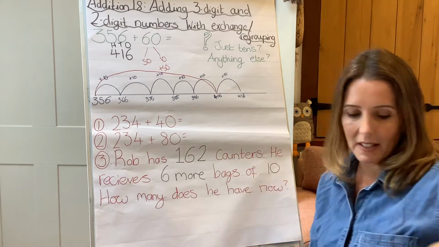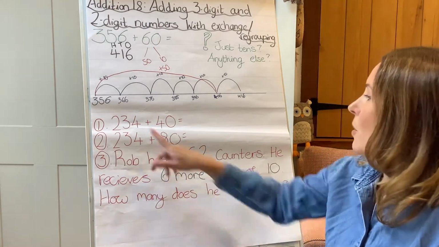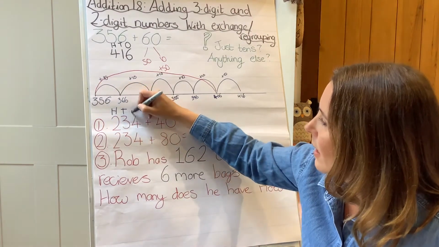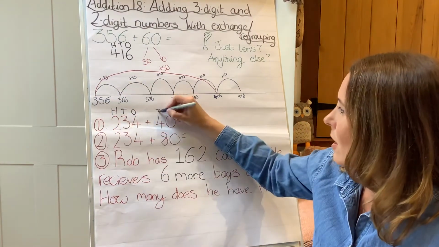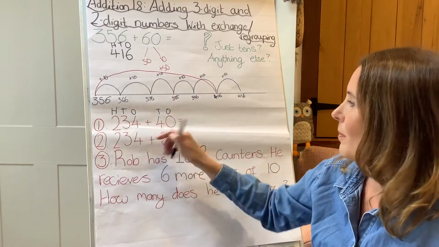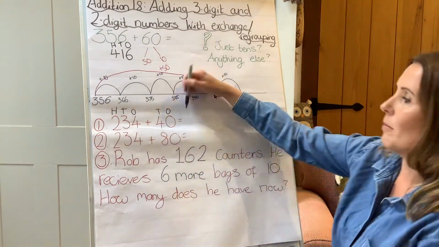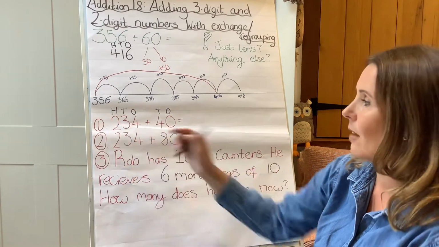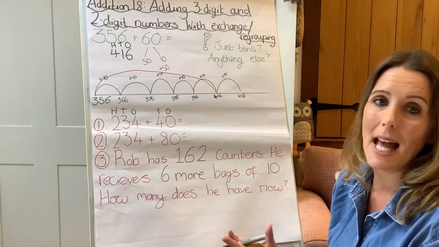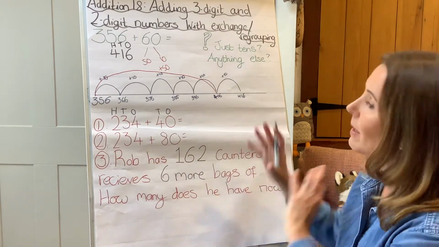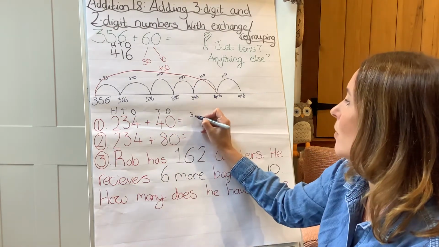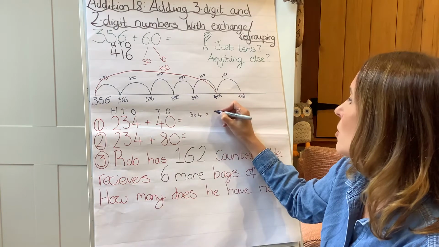Okay, so hopefully you did the first one mentally. So we've got 234 add 40. If we look, I'm thinking it's just the tens column that's going to change here, because I'm not adding any more ones on. And when I add 4 and 3 tens together, it's not going to be over 9 tens. So it's not going to mean that we're going to make any exchange there, because I know that 3 and 4 is equal to 7.